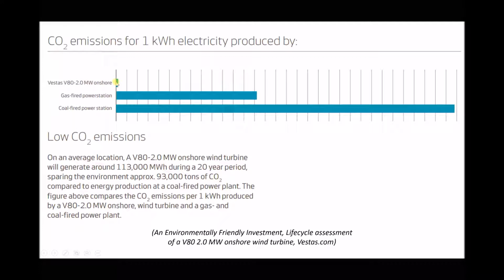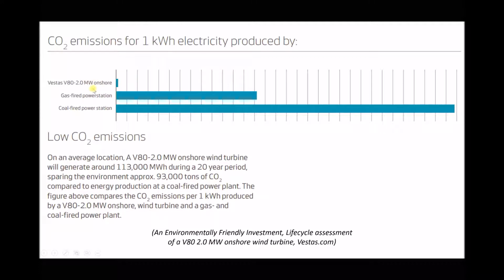But what we also need to remember is that building a gas-fired power station is going to produce CO2, and building a coal-fired power station is going to produce CO2. And let's say for argument's sake that the amount of CO2 produced to build a wind farm was exactly the same as the amount of CO2 produced to build a gas-fired power station. But what we need to consider in order for this to be a fair comparison is how much CO2 is produced throughout the life cycle. And that's exactly what we do in a life cycle assessment.